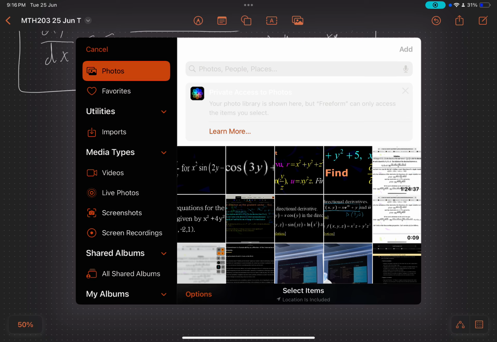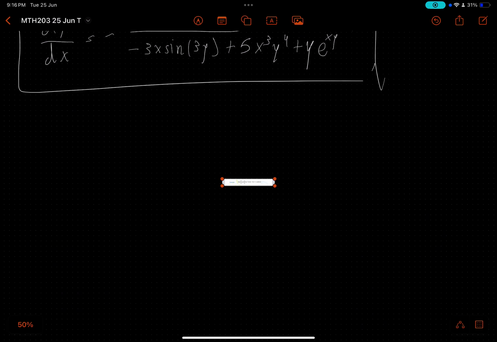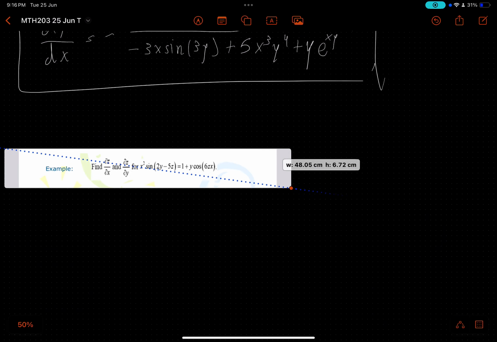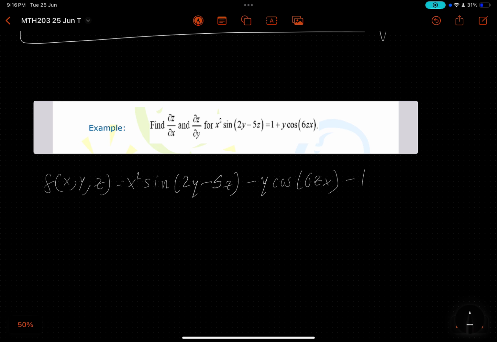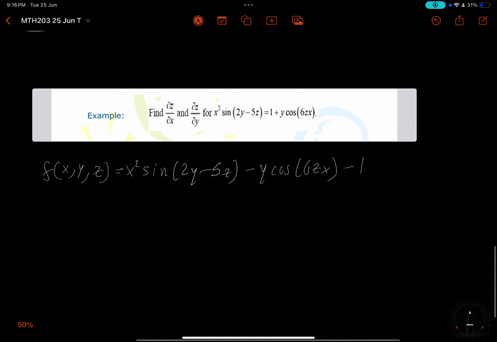Let f of x, y, z equal x squared sine of 2y minus 5z, minus y cosine of 6zx, minus 1, which equals 0.